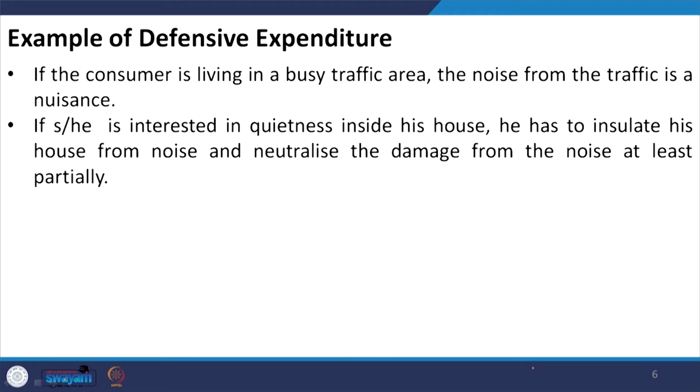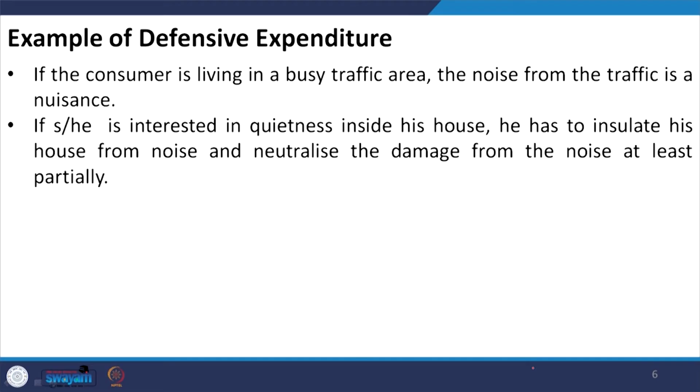Obviously, this is a policy discussion and it is meant for the public itself, where the intervention by the particular household is very minimal or negligible. So, what can this household do? He can maintain quietness inside his house.